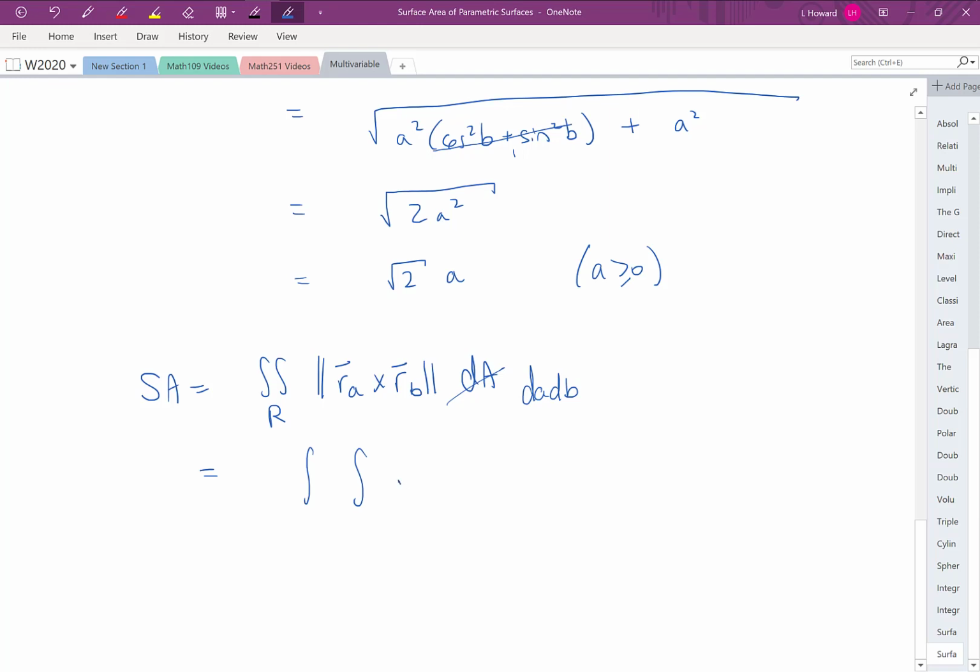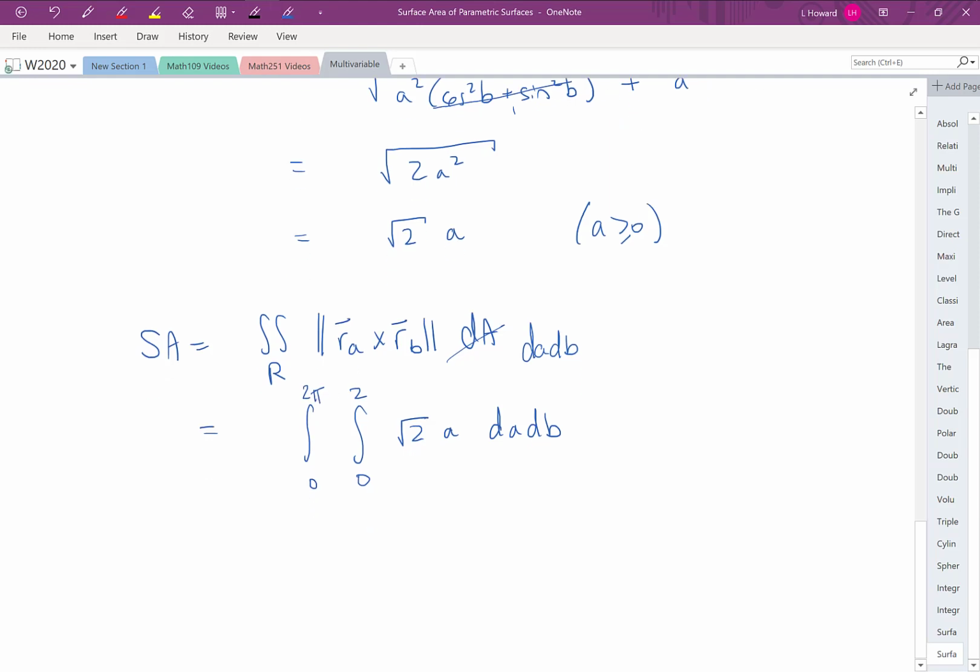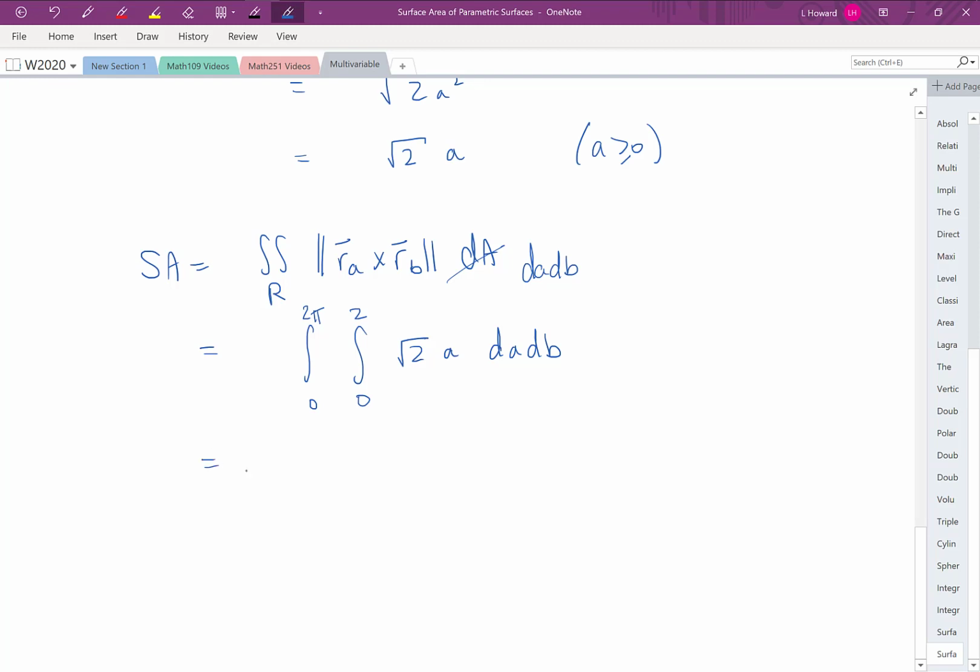So our integrand is root 2a from our calculation above. We're going to do dA db, and then we'll just fill in our limits of integration based on what we were told in the problem. So a was ranging between 0 and 2, and b was ranging between 0 and 2 pi. So I think we're good to go here.